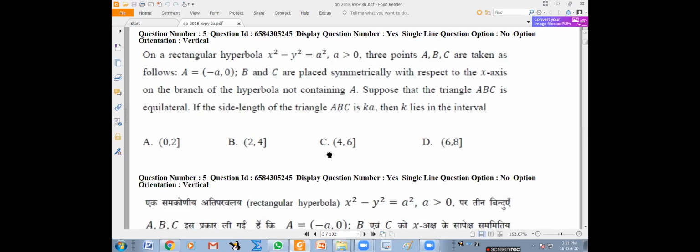A is minus a comma 0. P and C are symmetrically placed with respect to the x-axis on the branch of the hyperbola not containing A, forming a triangle which is equilateral. Then what is the length of the side?